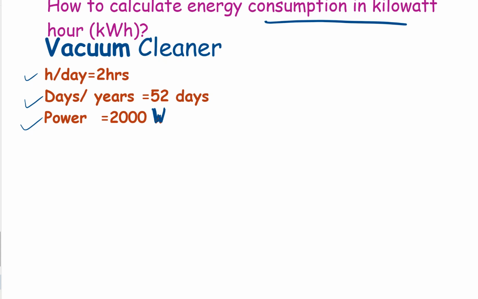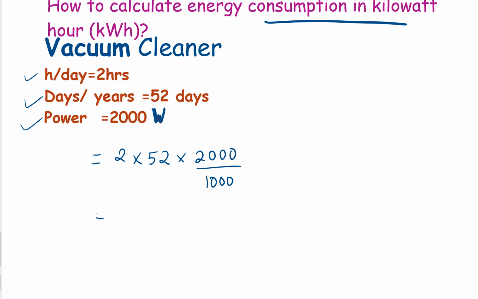So now if I want to calculate the annual energy consumption of this vacuum cleaner, I can simply multiply the hours by the number of days in a year, and then multiply it by the power and divide that by 1000. Why am I dividing by 1000? So that I get it into kilowatts.